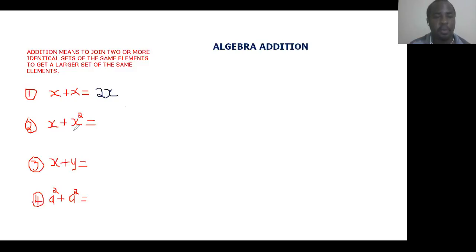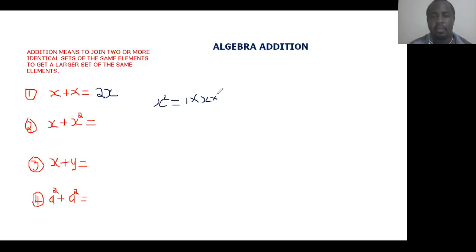All right. Let's take number two now. Number two says we have x plus x squared. Now, a lot of people are wondering what this x squared means, but you can look at the previous video we did, and it addresses that in detail. But just for you to remember, x squared is the same thing as 1 multiplied by x multiplied by x.